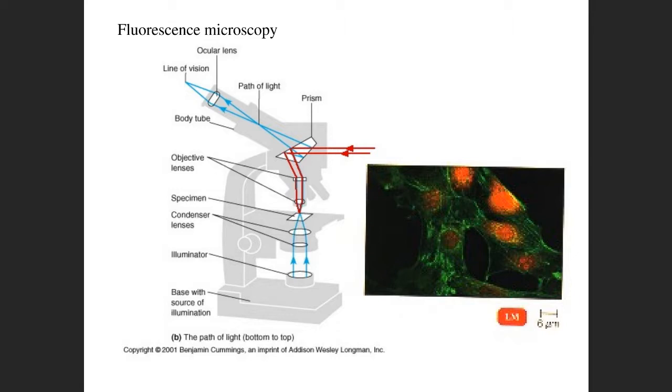Okay, let me try again with my pen. So the point is that if this is my laser, it just goes through, and then it comes down and hits, and then when it comes here, it hits the nucleus, and then gives you fluorescent, and then it goes down here, and then starts hitting here.